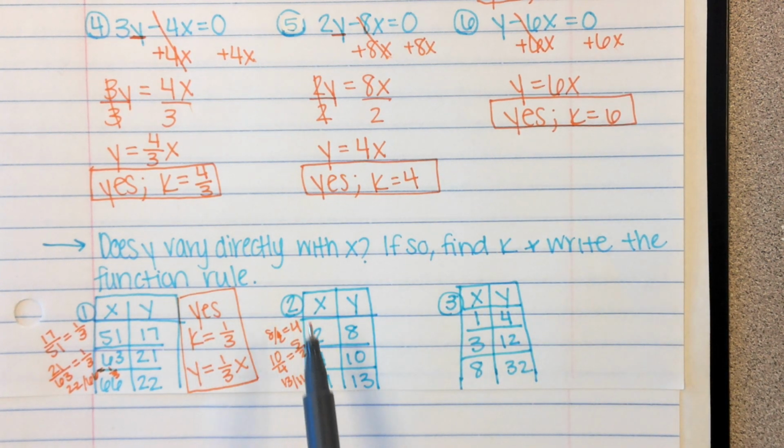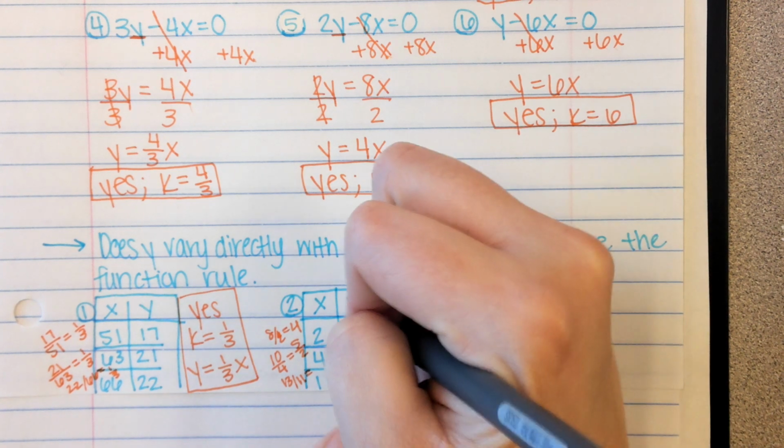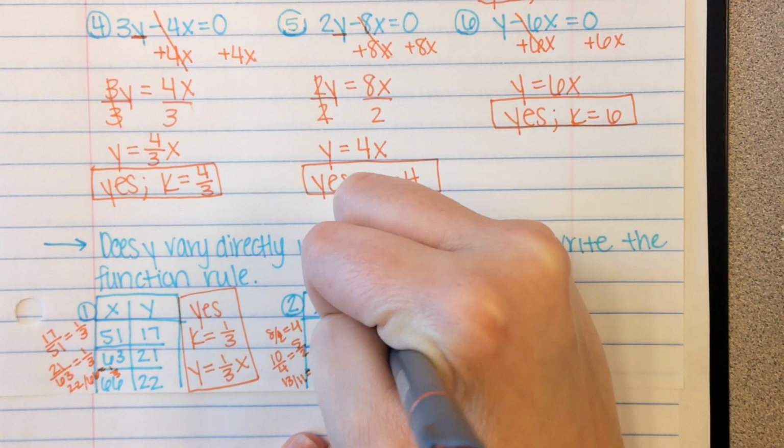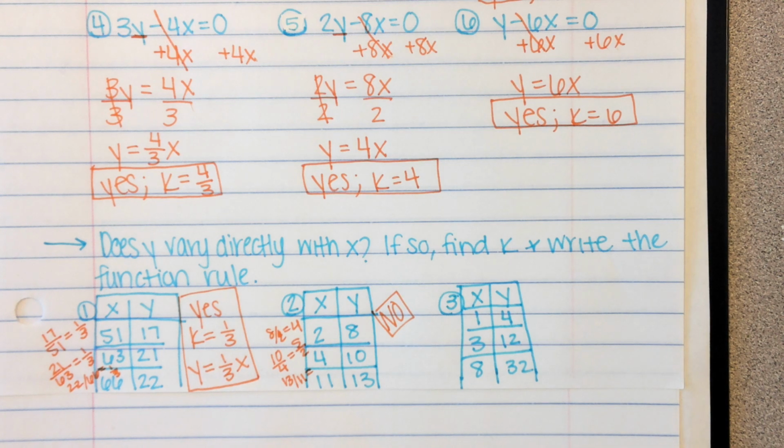Do you notice that your answers here are looking different than we saw here? Yeah. Y is not varying directly with x. We can't write a function rule that works for all 3 of these, okay? Because the first one, we got 4. But if we do 4 times 4, it's not 10. And 11 times 4 is not 13. So that's not varying directly. So we're just going to say no. And that's our final answer.